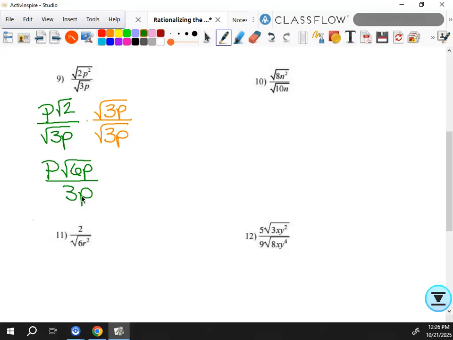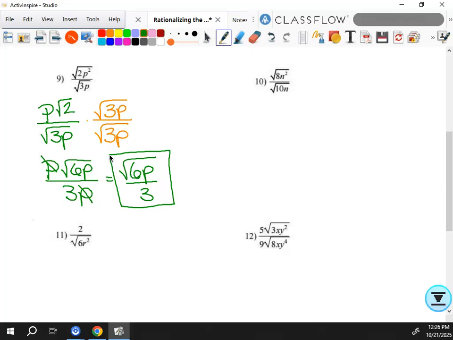Can I reduce? Yes, the p's cancel out, and you get the square root of 6p over 3. Can I reduce the 6 and the 3? No, because they live in different worlds, and I cannot simplify the square root of 6, so it is what it is, right? Okay, everybody good? Any questions?